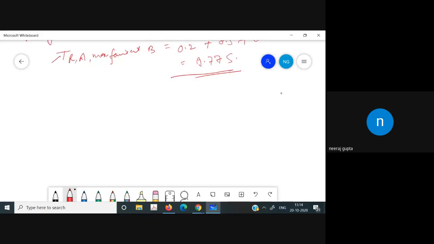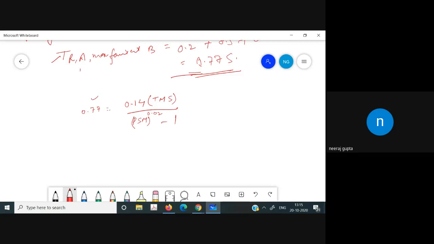Now, as per the expression, the operating time of A, TRA, as we have discussed, is equal to 0.77. For an IDMT relay, operating time is equal to 0.14 times TMS divided by PSM raised to the power 0.02 minus 1.